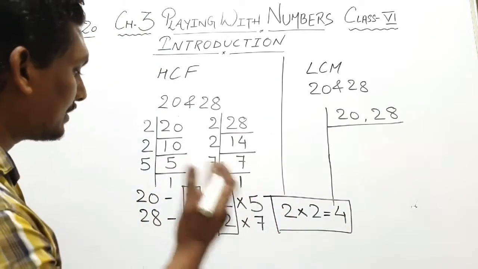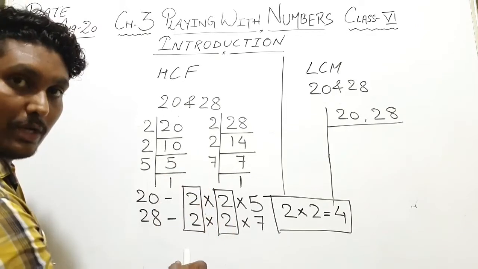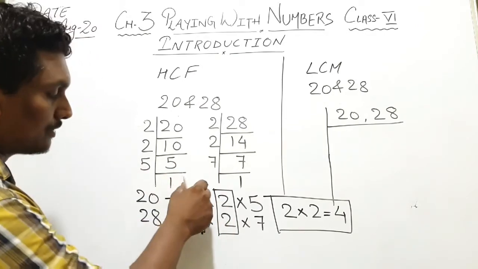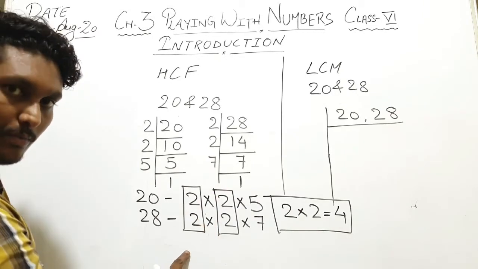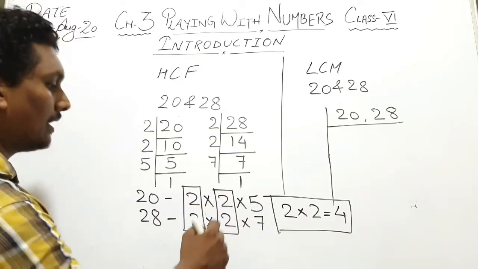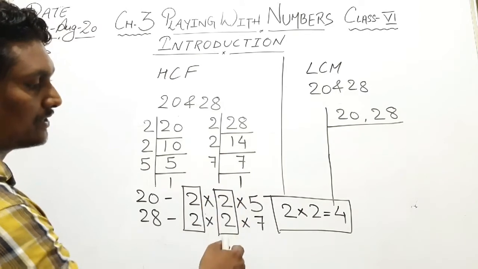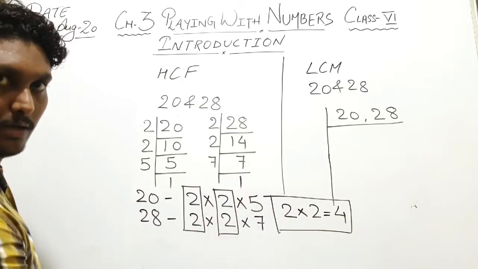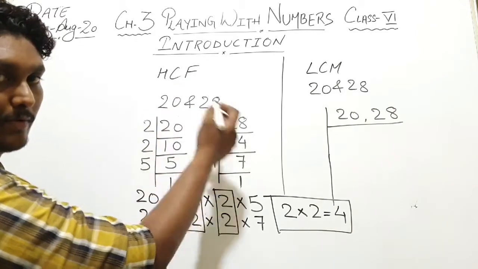Clear? If there are 3 numbers, you have to find out of these 3, suppose one more 2 is here, so we will take 1 out of this 3 pair, and if 2 is here also, out of this 3 we have to take 1. Okay, so in this way we have to solve highest common factor.